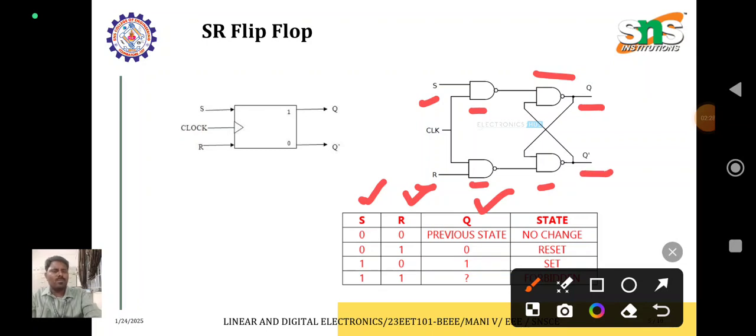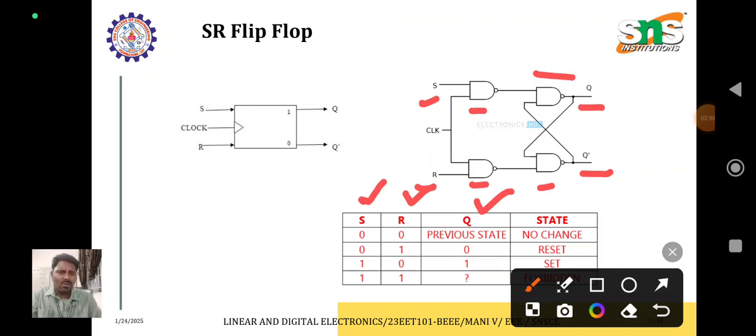If both inputs S and R are 0, the output will be the same as the previous state. If the previous output is 0, the present output is also 0. If the previous output is 1, the present output is also 1. So it won't change.